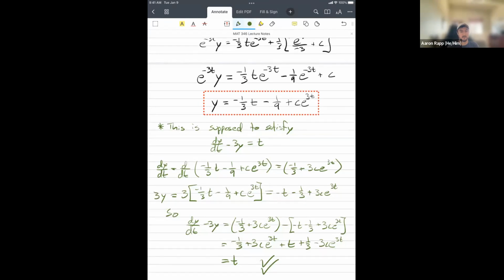Or is everyone just writing this down still? I'm just trying to finish copying the working.